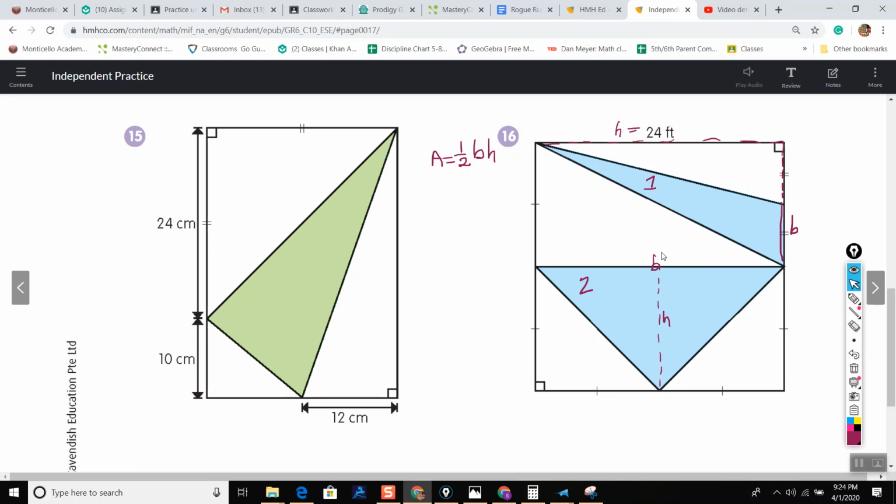So I can conclude that opposite sides are equal. So this length right here on the bottom must also be 24, but it's been broken up into two sections, two parts, and they're equal.